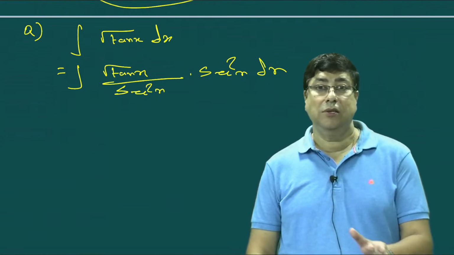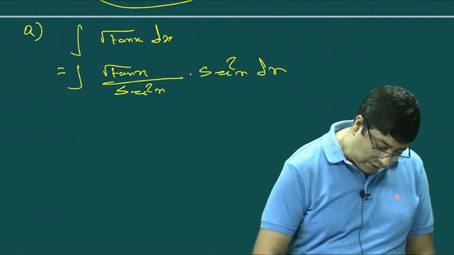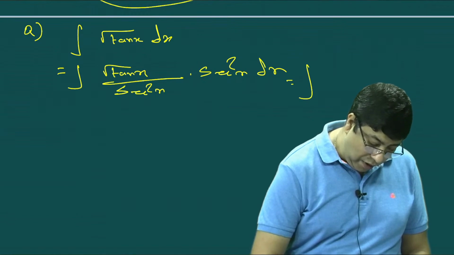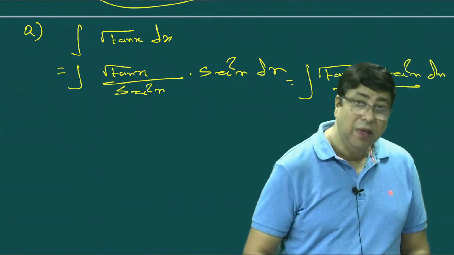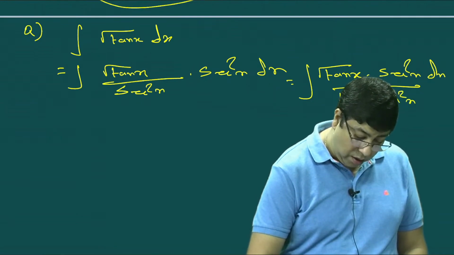But in the denominator, sec square x we can write as 1 plus tan square x. Therefore, we can write this as root over tan x into sec square x. This numerator sec square x will be utilized for the substitution.